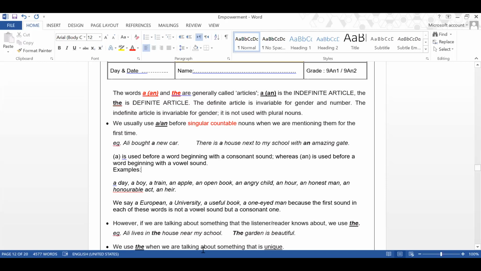Now, have I ever talked about this book before? Of course, no. This is the first time. And of course, the word book is a singular and countable noun. So because of this, I use the article a.